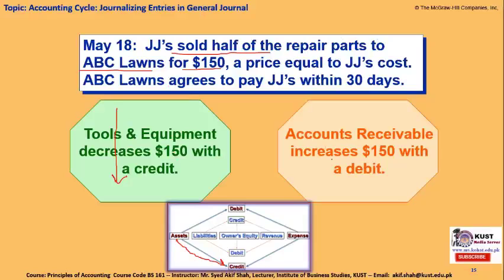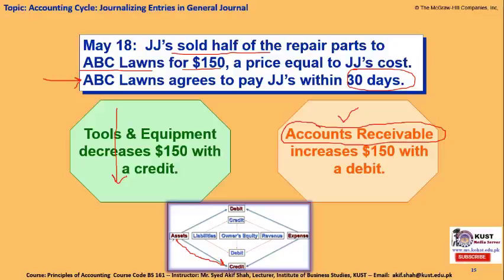And then the ABC Lawn Mower: this statement states that ABC Lawn Mower agrees to pay JJ within 30 days. ABC Lawn Mower did not pay on the spot. Therefore, we have to make an account for ABC Lawn Mower with the title of accounts receivable.